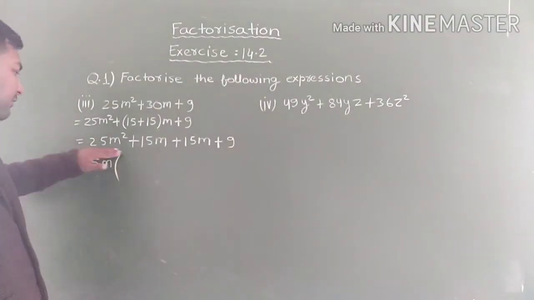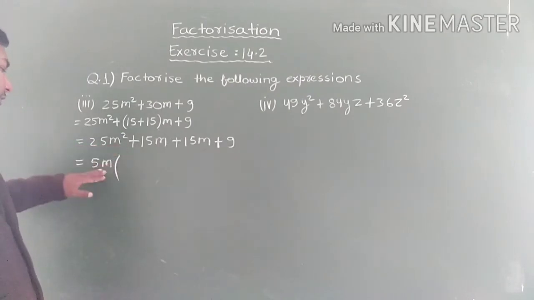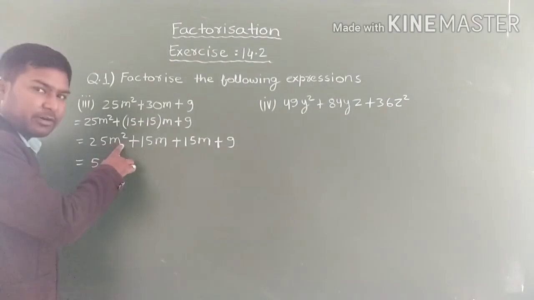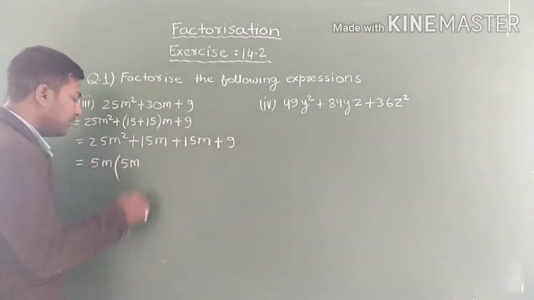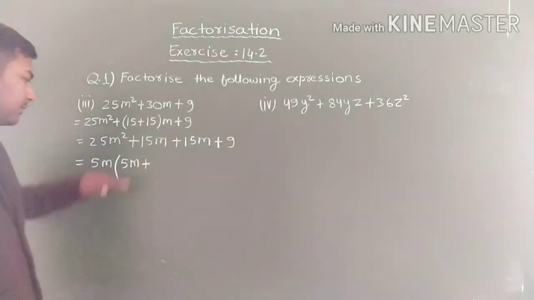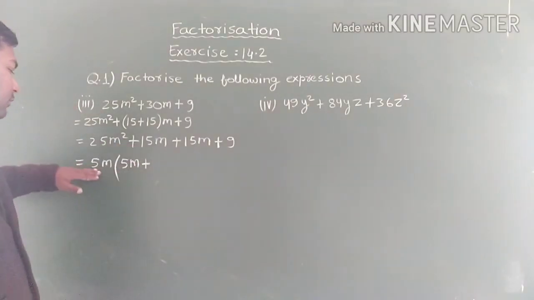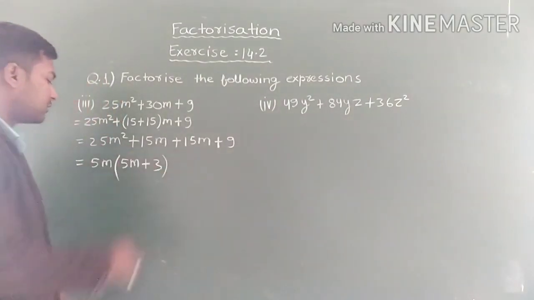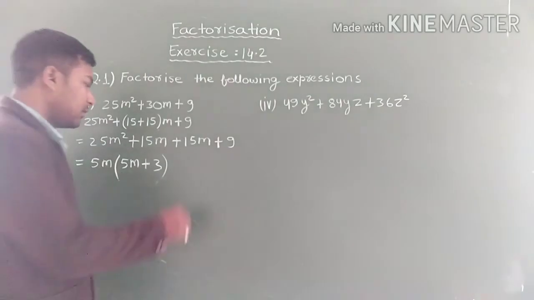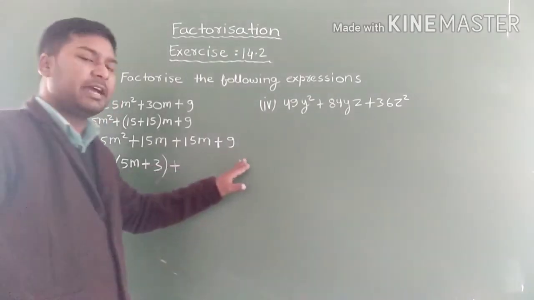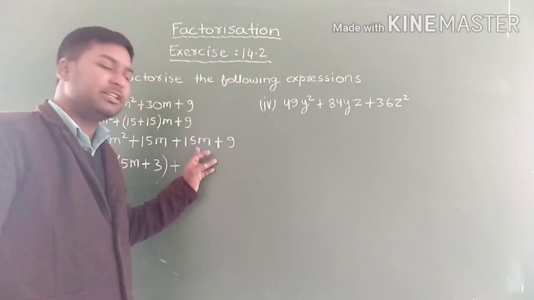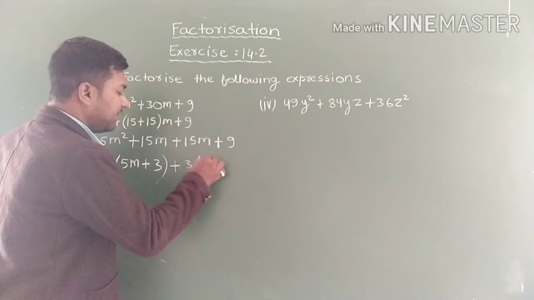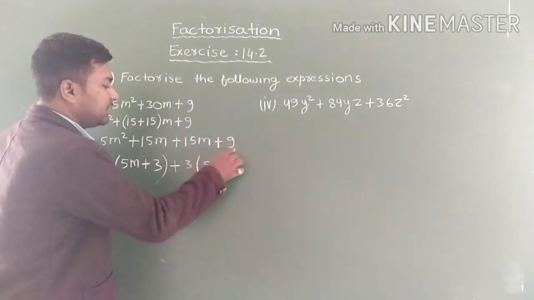What is left? 5m square divided by 5m is 5m, and 15m divided by 5m is 3. So it will be 5m into 5m plus 3. Now in 15m plus 9, what is common? 3 is common. So 3 into 5m plus 3 into 3 is 9.